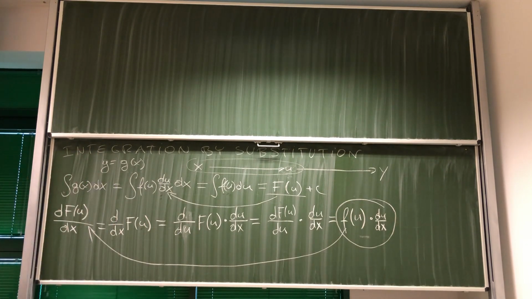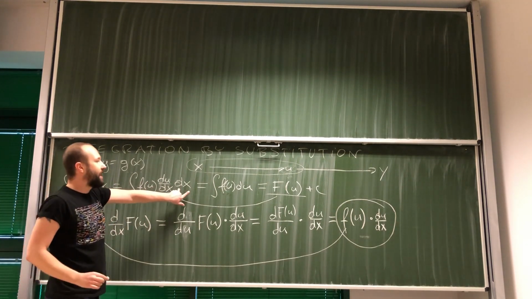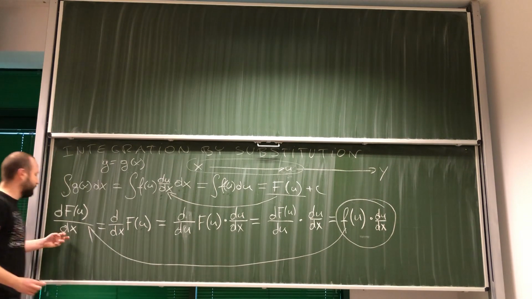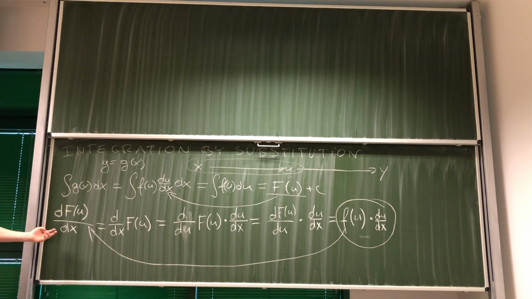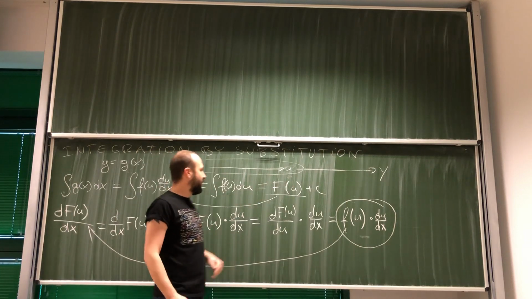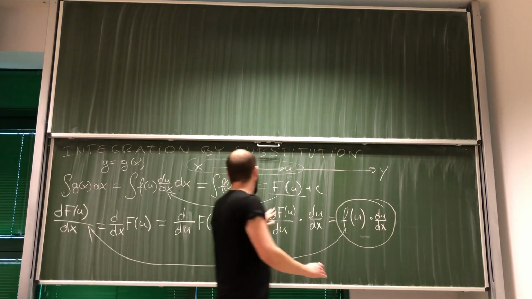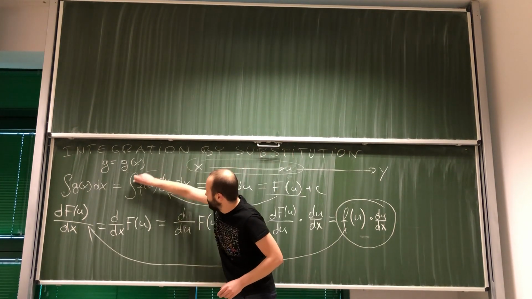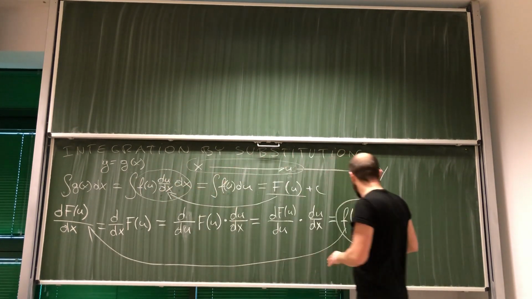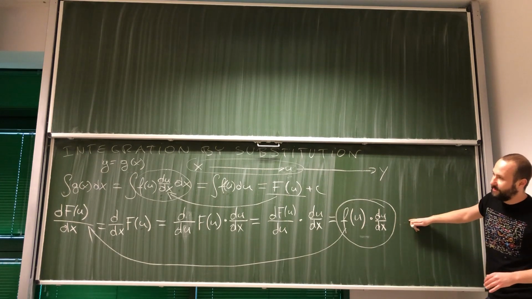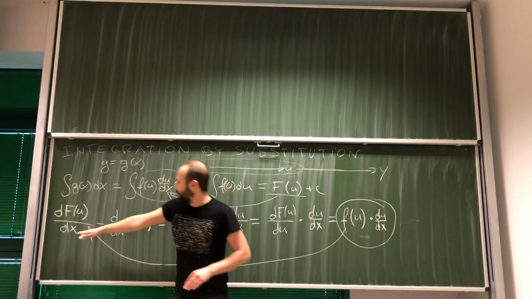What is the only difference? We are multiplying here by dx. Here, we are dividing by dx, right? So this is why here we are just getting f of u out of this entire expression. And this is why this expression is missing this dx at the end, right? Because we divided by dx.